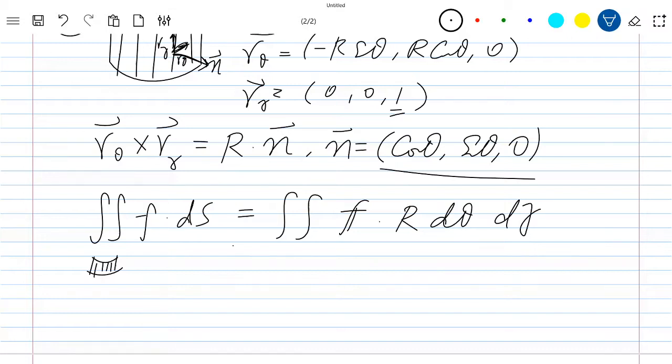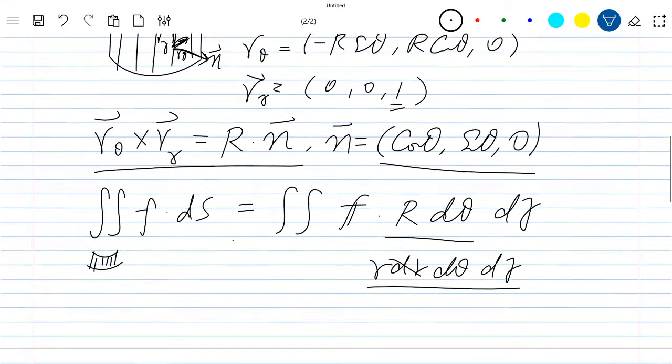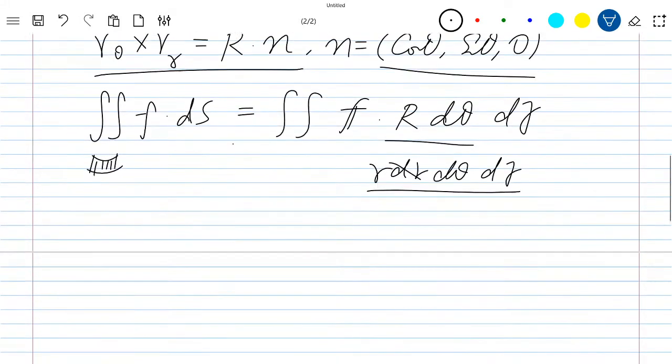And this r d theta dz is what we remember from the old formula, r dr d theta dz, but that's for the volume. Now there is no dr because it's only the surface, so we only have the r d theta part. Okay, so remember this formula, and n is just that.